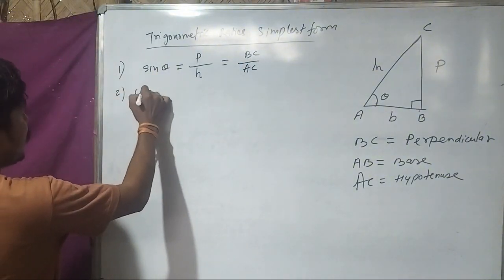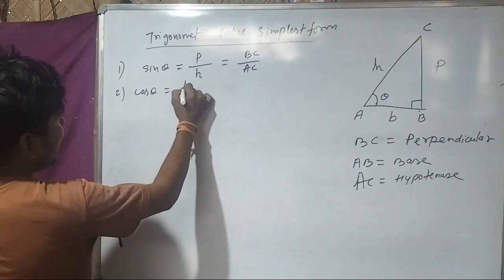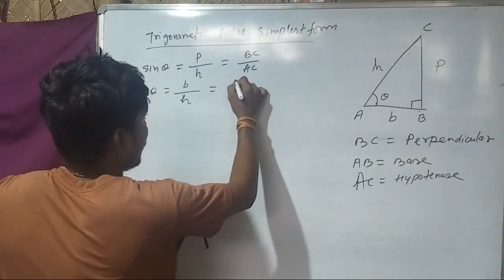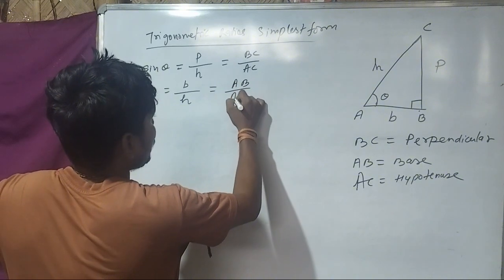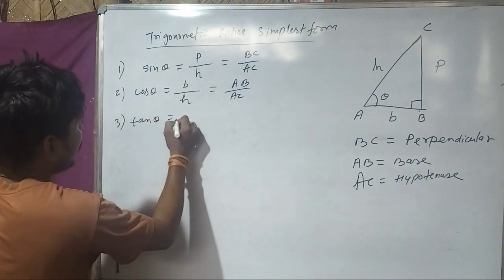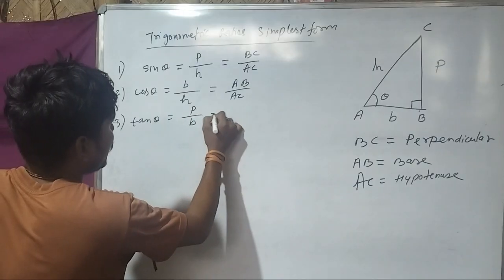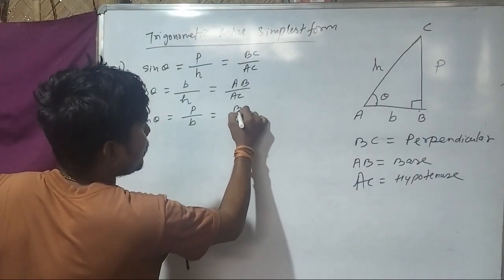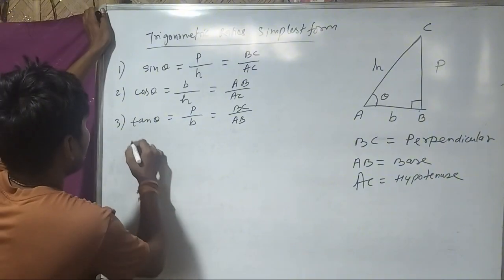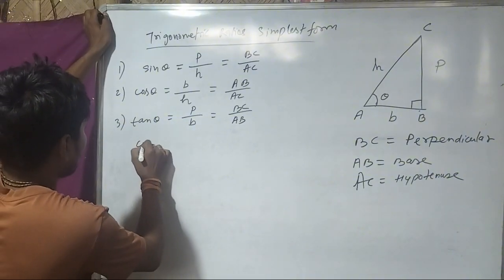Okay. Cos theta means base by hypotenuse. Base is AB, hypotenuse is AC. Okay. Tan theta is perpendicular by base. So BC by AB. Now what I said, sin cos tan, cosec sec cot.